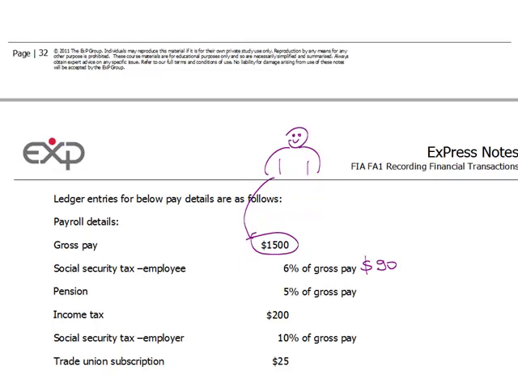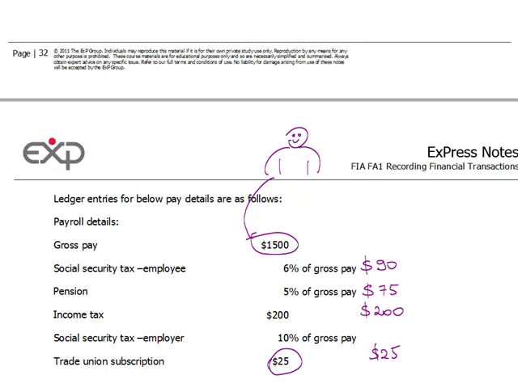There will also be a pension contribution on that, which will be therefore $75. And from that salary, income tax will be deducted in the amount of $200. That employee also chose, but that's a voluntary deduction, to pay $25 to a trade union.